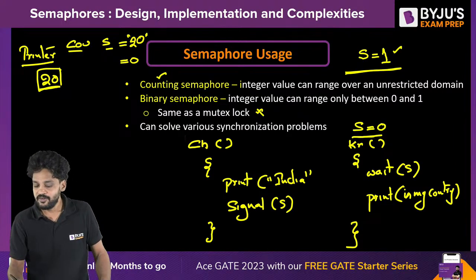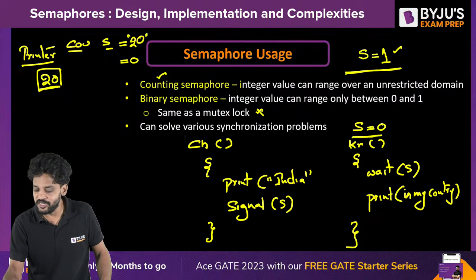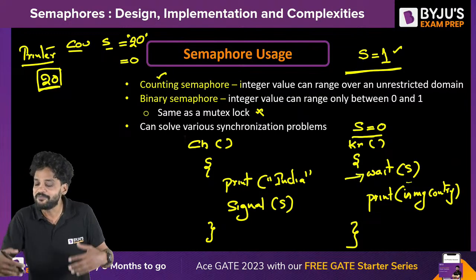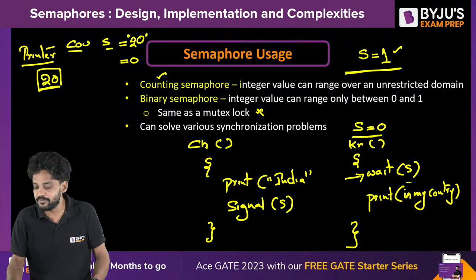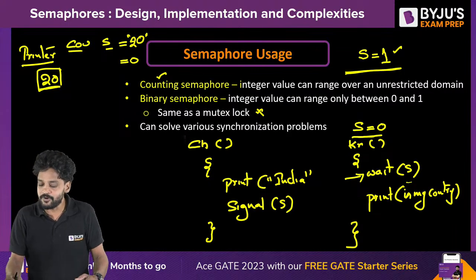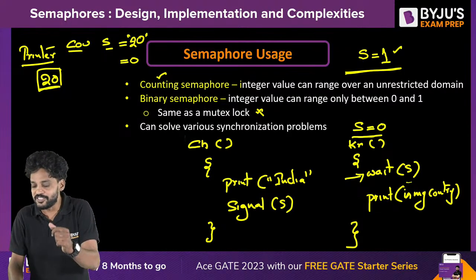So what will happen? Whenever Krishna gets scheduled initially, as the semaphore S value is initialized to 0, he will get caught in the while loop. Rather, he will get blocked. The actual definition of the semaphore will block any process which finds the semaphore value S equal to 0.